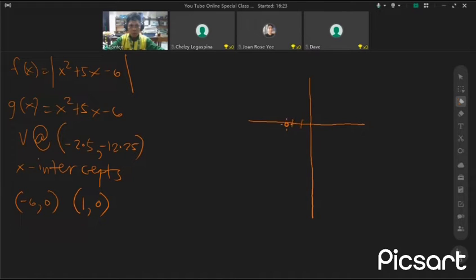One, two, three. 1, 2, 3, 4, 5, 6, 7, 8, 9, 10, 11, 12, 13. Our vertex is at 2.5 and 12.25.